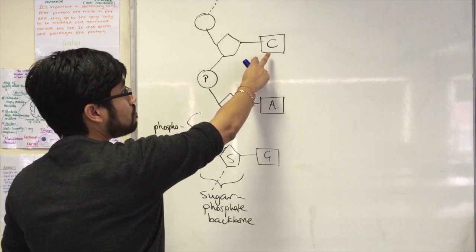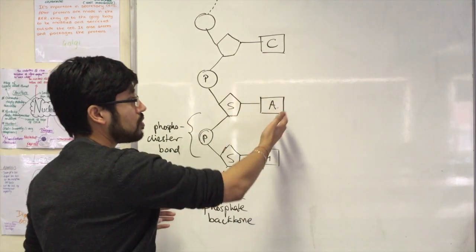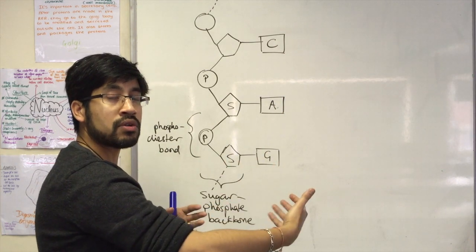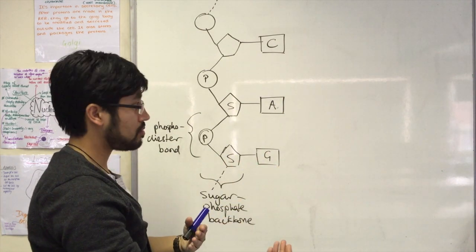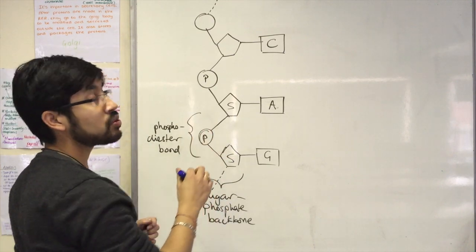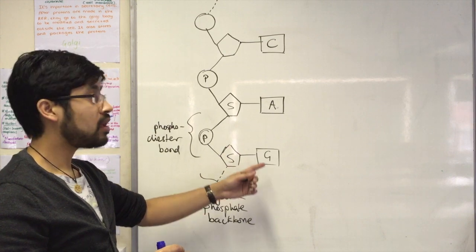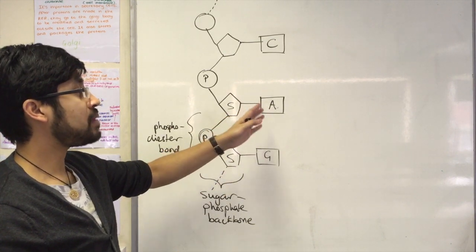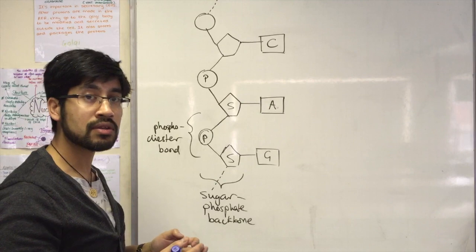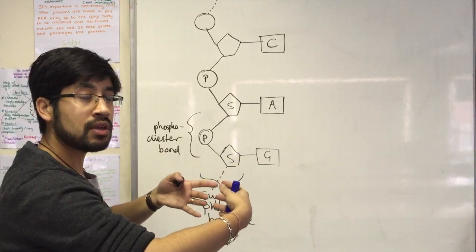So what will happen is that these bases have groups on them that can form hydrogen bonds with another base. Now what happens is that cytosine always base pairs with guanine, and adenine always base pairs with thymine, simply because they have a shape that is complementary, okay?